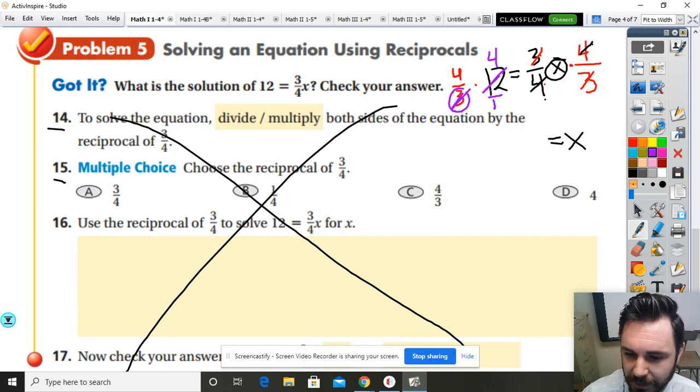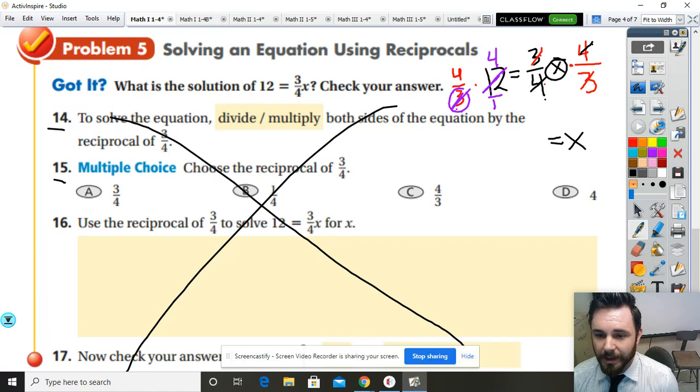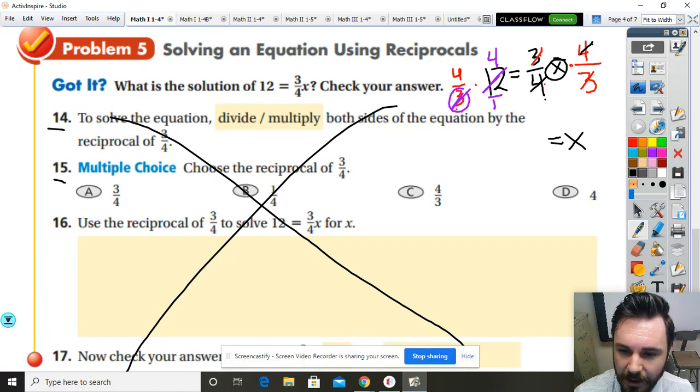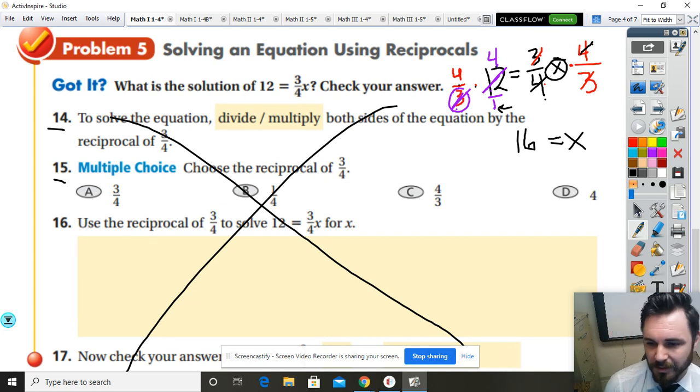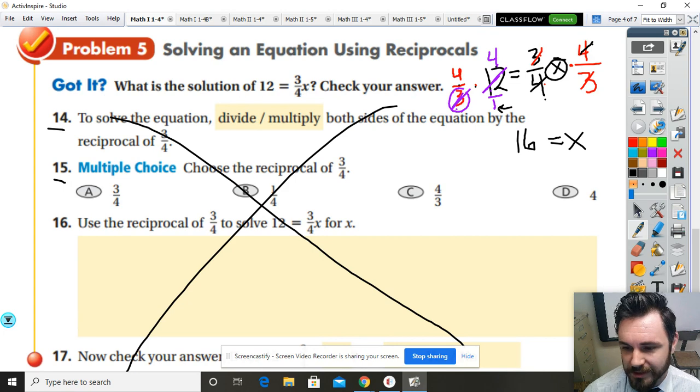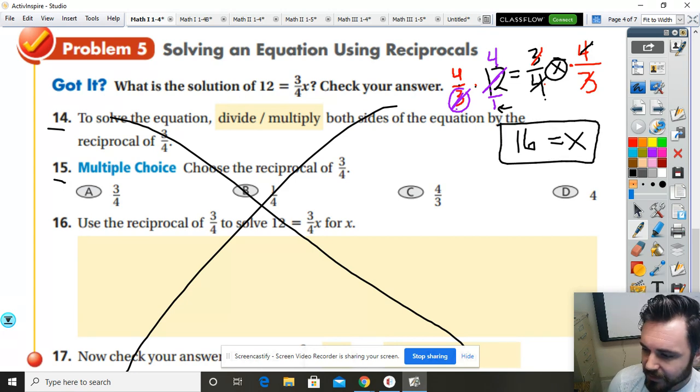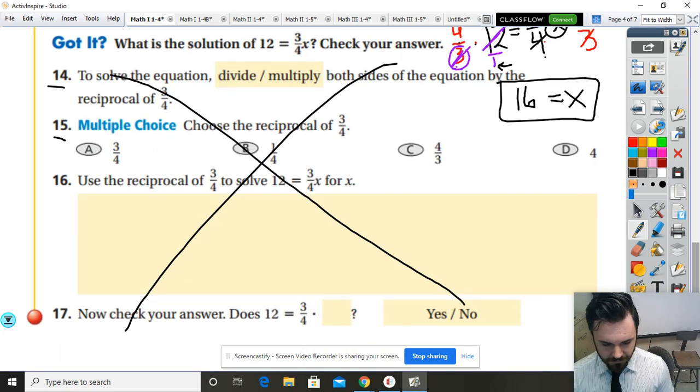Is that right? 12 divided by 3 does equal 4. And now look what I have left. All I have is a 4 on top being multiplied to a 4 on top, which 4 times 4 is 16. Is it still over 1? Yeah. But do we ever write our whole numbers like 16 over 1 or 7 over 1? Usually we just write it as 16 or just 7. And so that would be your final answer.